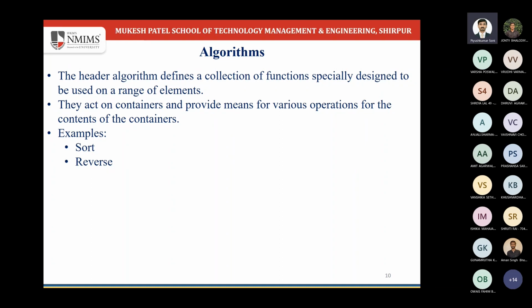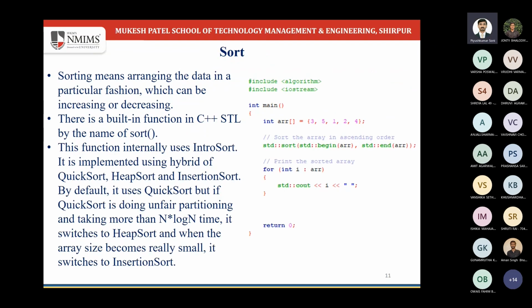There are a lot of algorithms available, but since we cannot have an exhaustive list and discuss all those functions, I will briefly go through only these three: sort, reverse, and max.